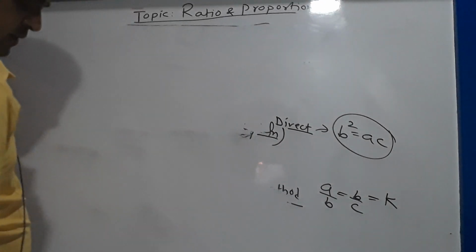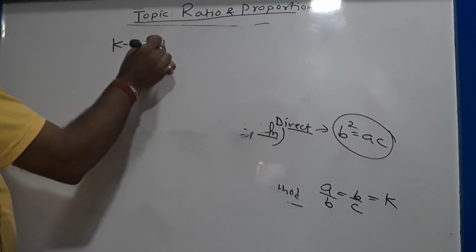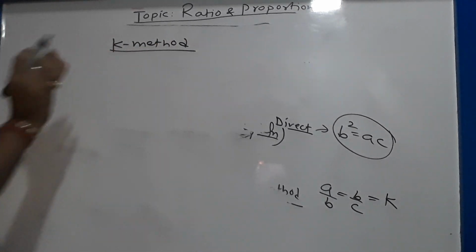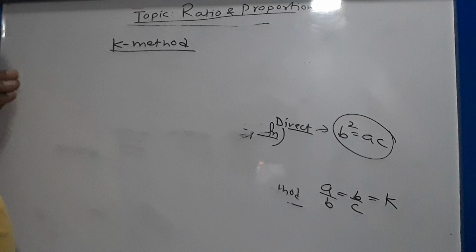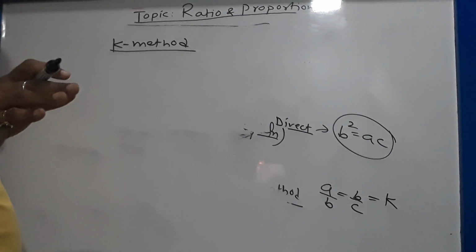So let us see the K method. One is the direct method. This we are talking about continued proportion. Three numbers are given in continued proportion, then show that; this is how to handle those types of problems.